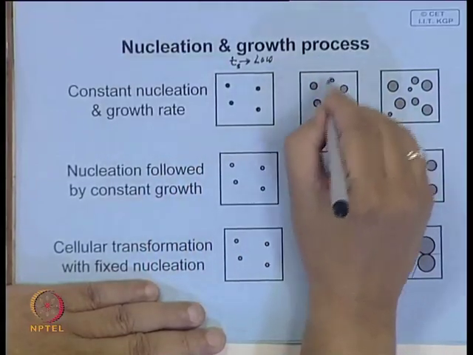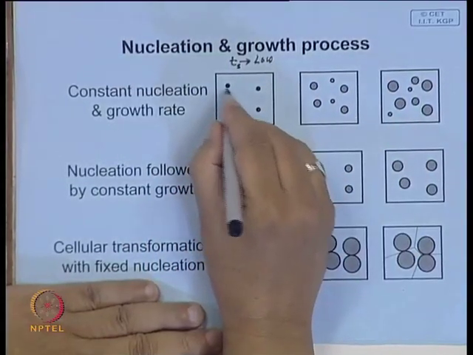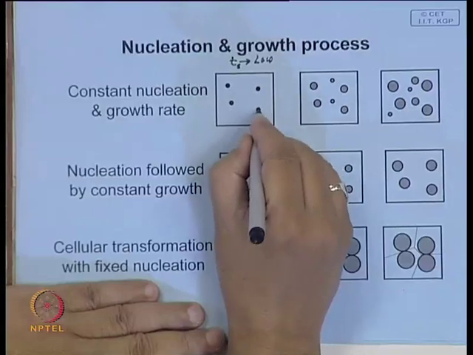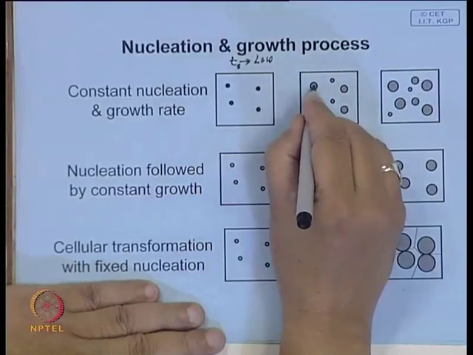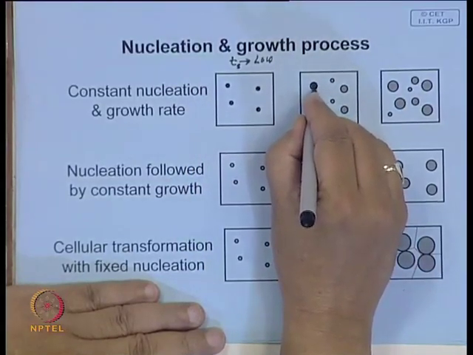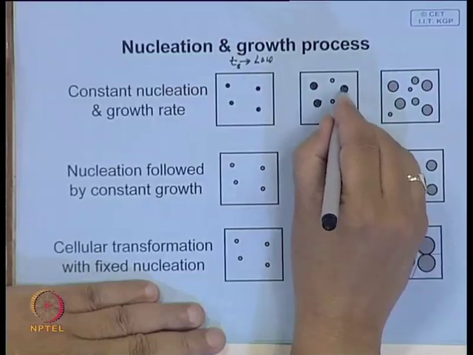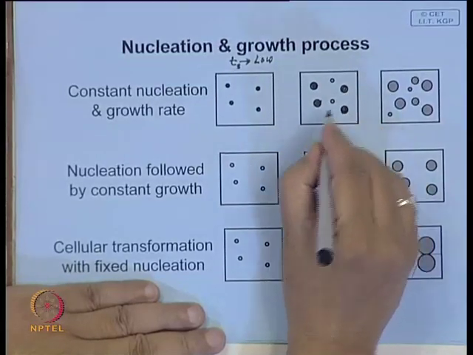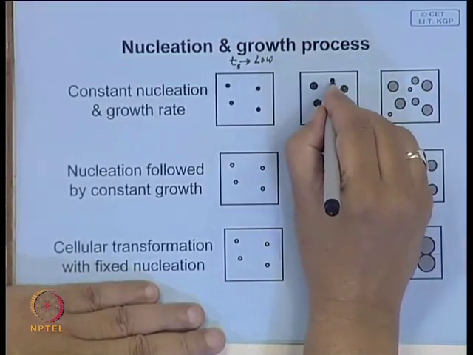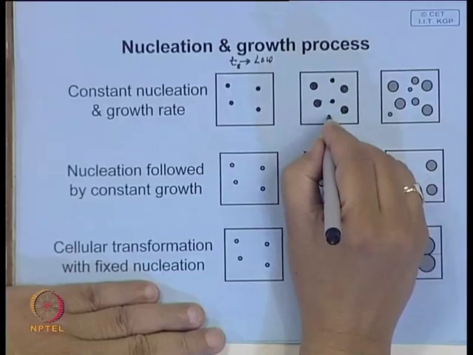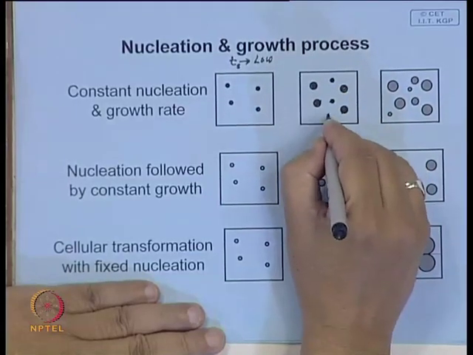At some intermediate time, the stable nuclei which have overcome the activation energy can grow. So they have grown to this size, and at the same time fresh nuclei can also form.